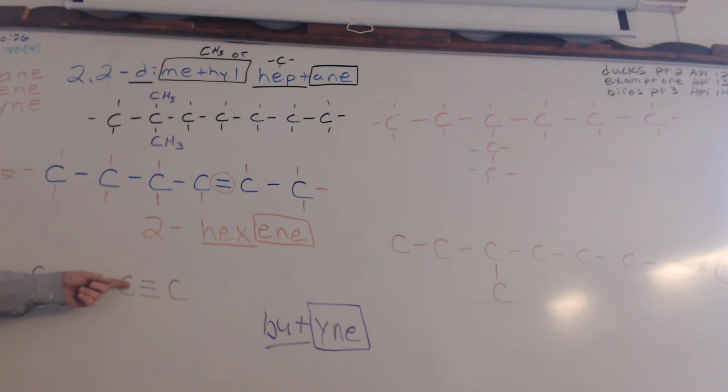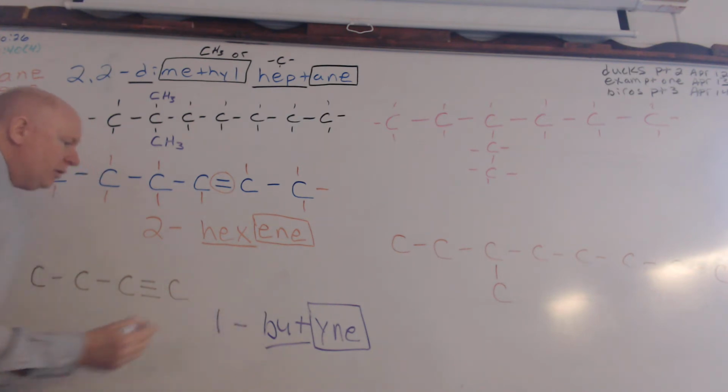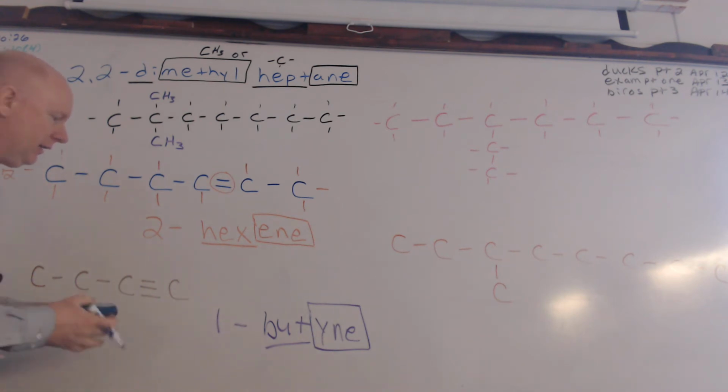The third one. But if we go right to left, it's after the first one. So you can do 1-butyne if you wanted to, or if you want to leave it just like this, that's fine too. It's just understood that it would be after the first carbon, which it is.